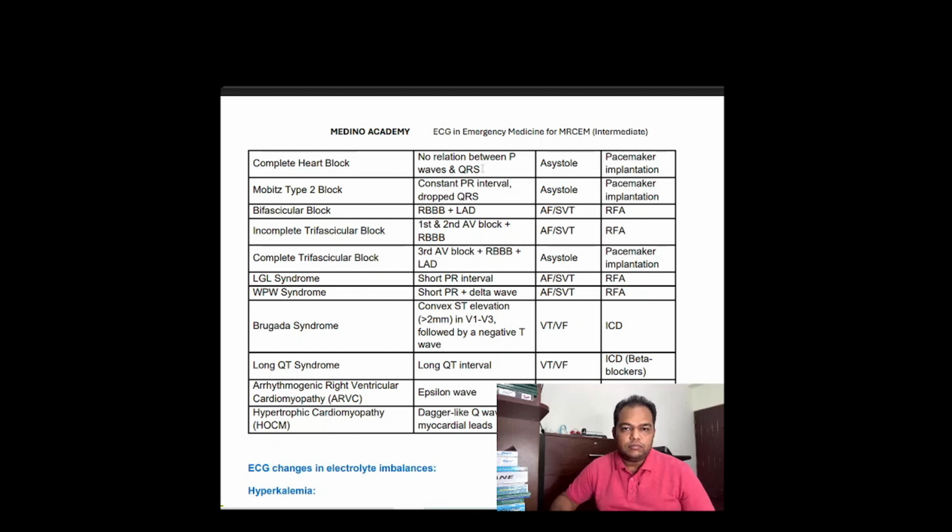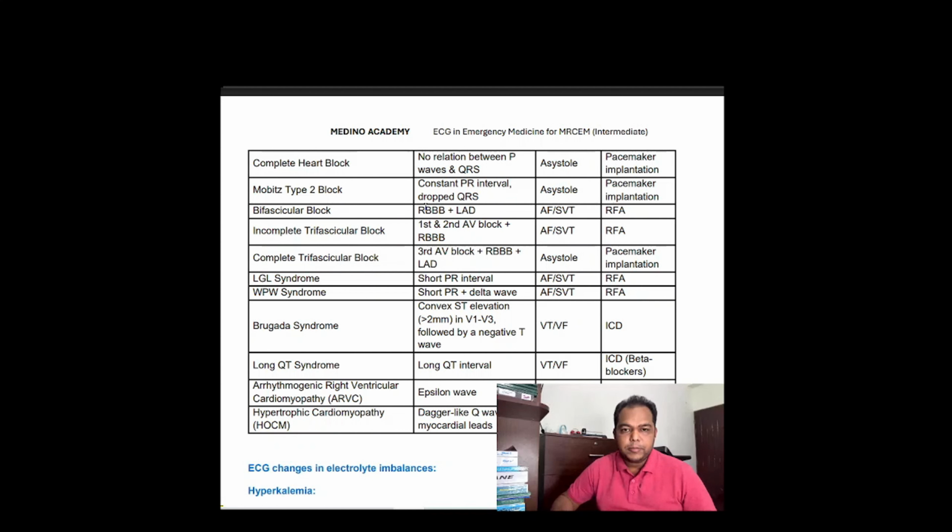So there is no association between P waves and QRS complexes. PP intervals are constant, RR intervals are also constant. In Mobitz type 2 block, there is constant PR interval with dropped QRS.